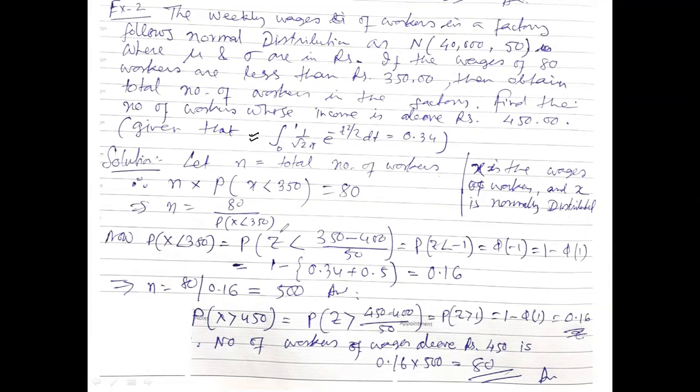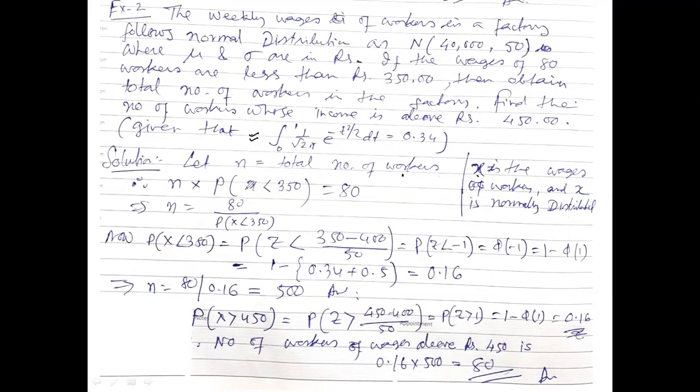Actually we have to find the total number of workers in the factory. So let n be the total number of workers in the factory, and let x be the wage of the workers, which is normally distributed.